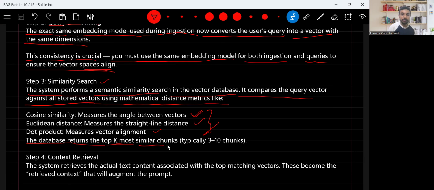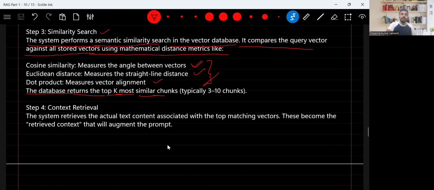Now these similar chunks of information will be sent to the LLM. So, context retrieval. The system retrieves the actual text context associated with the top results. That means in your search, the top k similar chunks will be called the retrieved context.